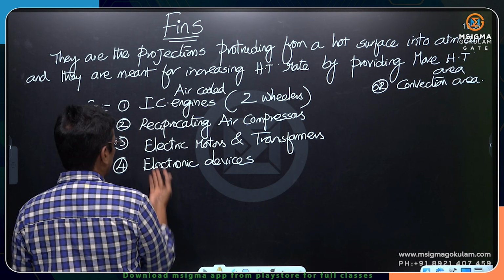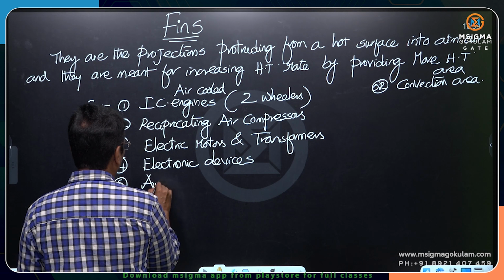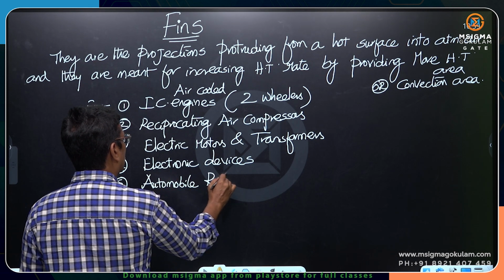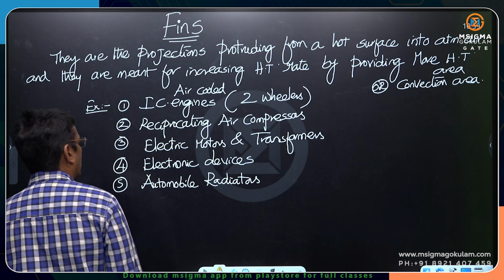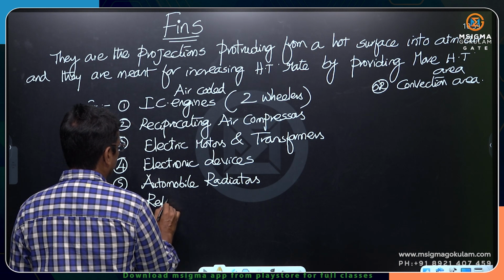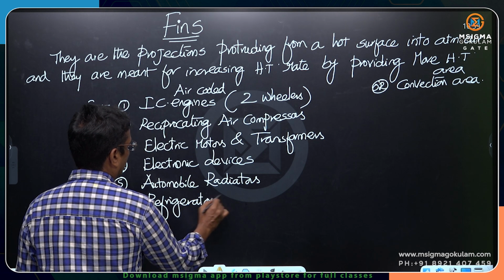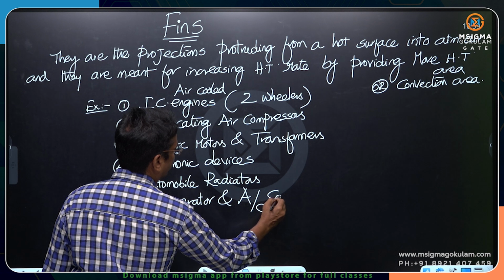IC engines, and so many. You can give many, and the automobile radiator, the car radiator, you have the fins. Above all, refrigerator and AC condensers. Air conditioning unit, AC, your condenser units.